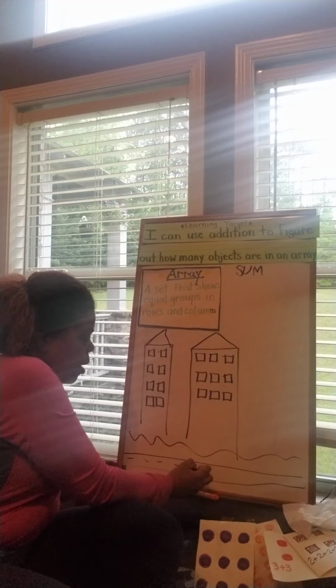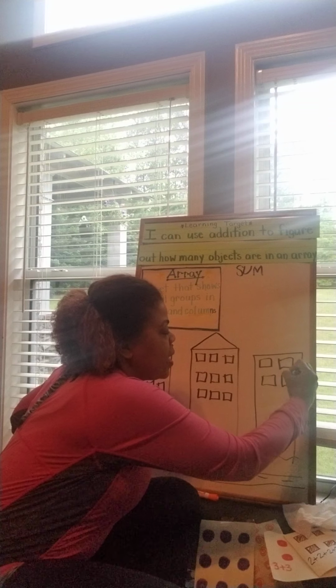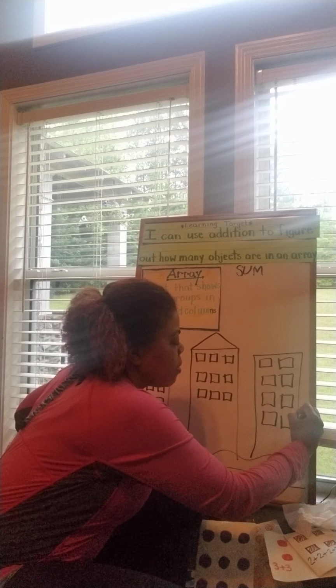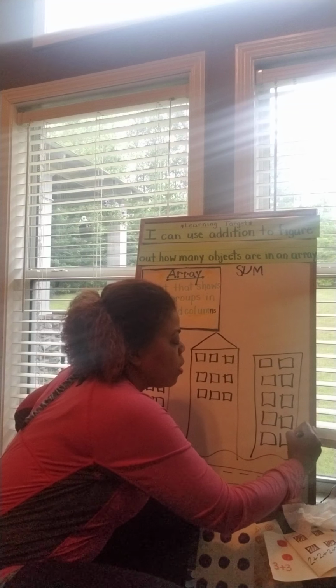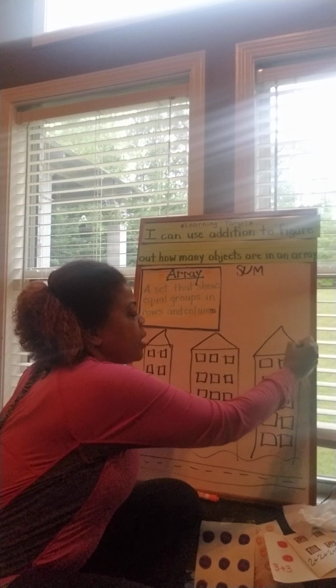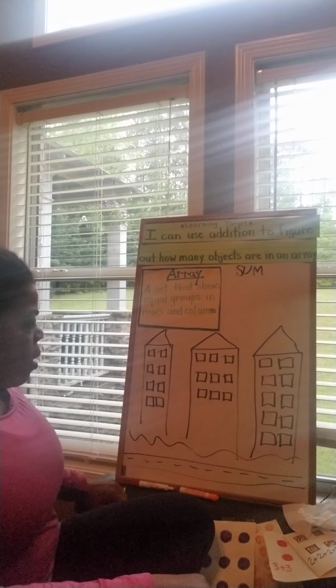But you're going to draw at least 3 buildings, okay? And write the repeated addition sentence for me, okay? So we're talking about the windows. So this is sort of like buildings maybe in the city, or you could make them houses. And I want you to write the repeated addition sentence for that.